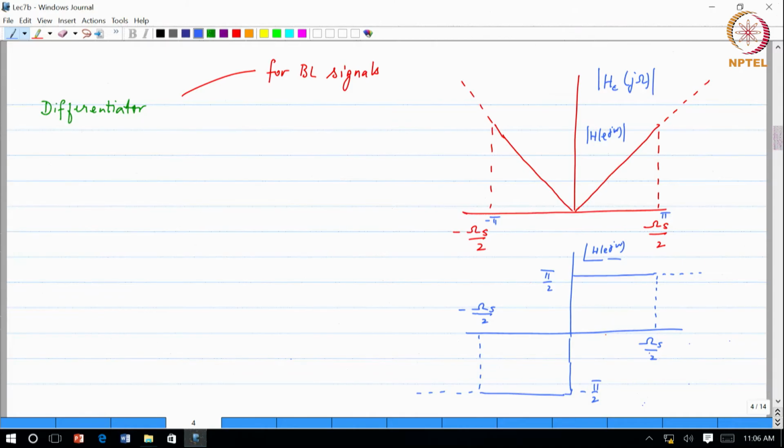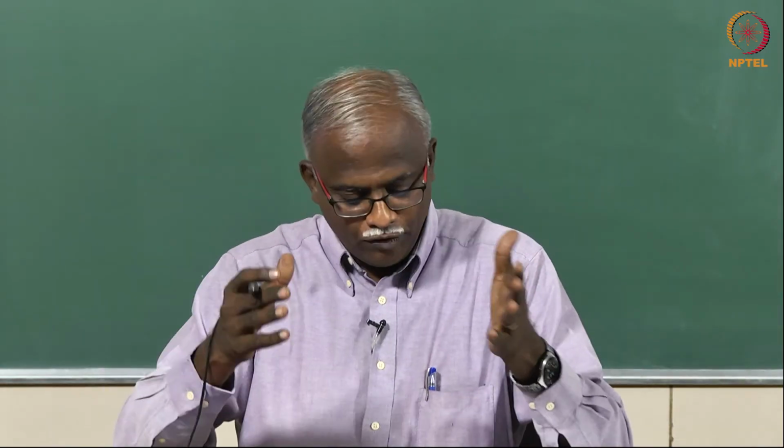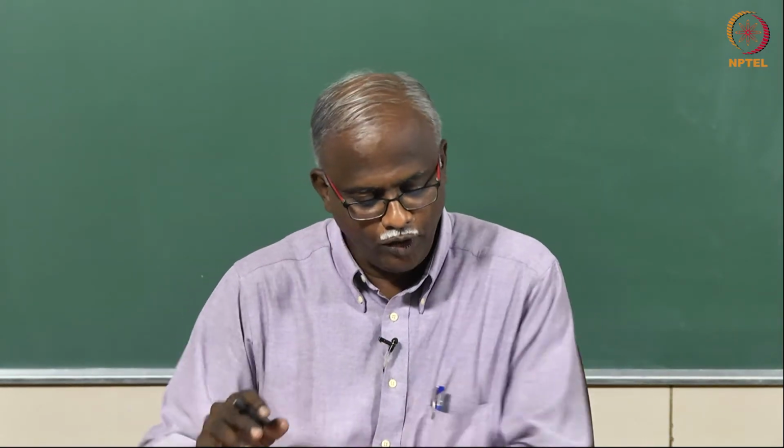And similarly this would be π, this would be minus π, and that will be the argument. I would like to obtain the impulse response of this band limited differentiator. It is a band limited differentiator because when I map it into the equivalent H_eff(e^{jω}), that will show that your differentiator was only differentiating over a finite range of frequencies and not over all frequencies.